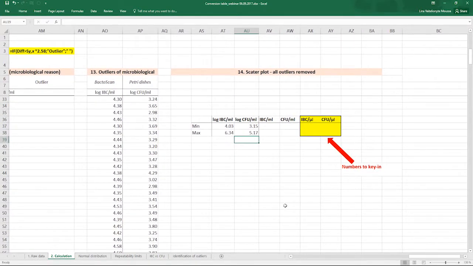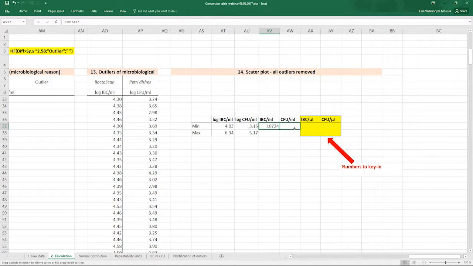However, into BactoScan, we have to key in normal data. So we have to transform from logarithmic to normal data. So we're using formula 10 to the power of, choosing log IBC per milliliter, and we're getting 10,724 IBC per milliliter.